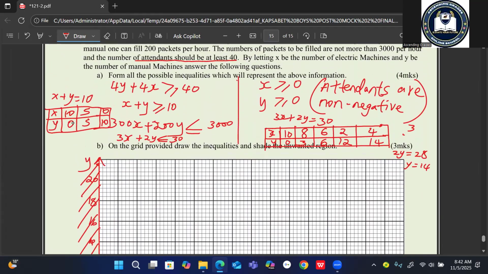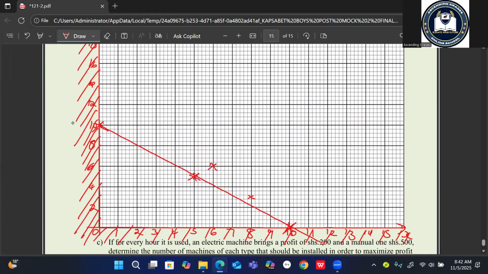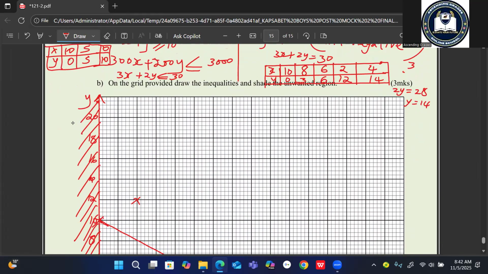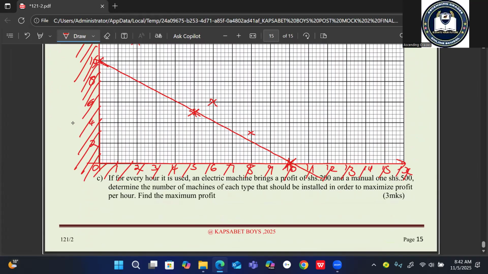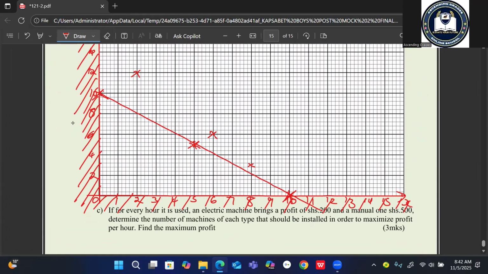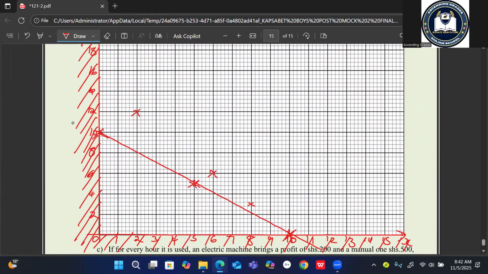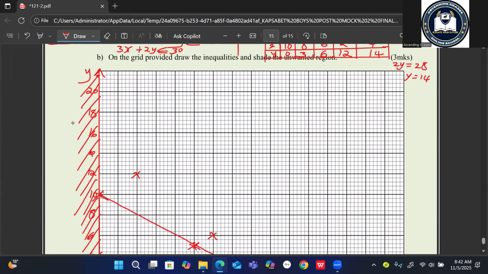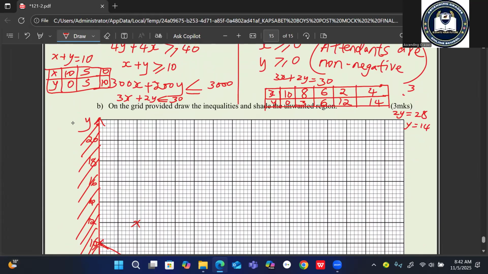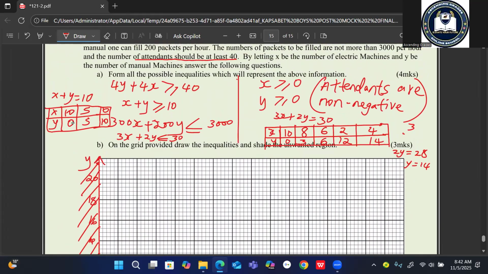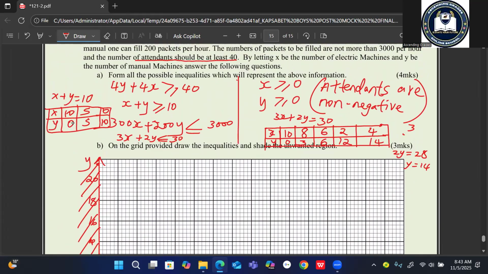Next one we have 2, 12 there. Next one we have 4, 9.